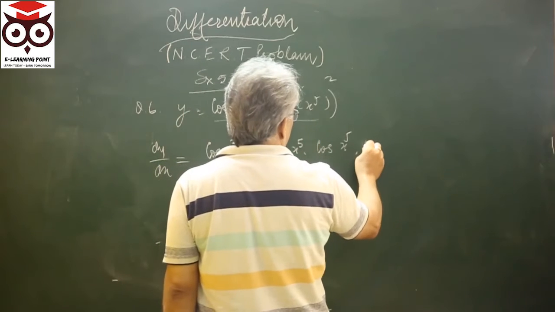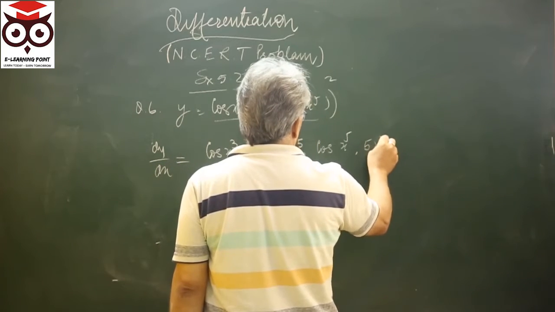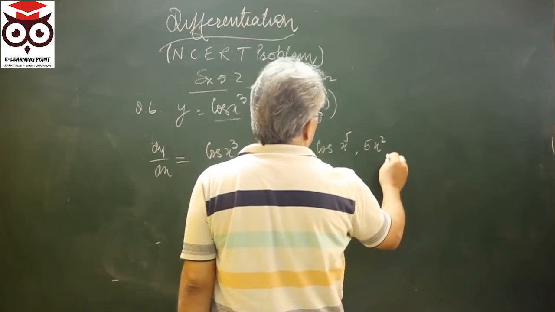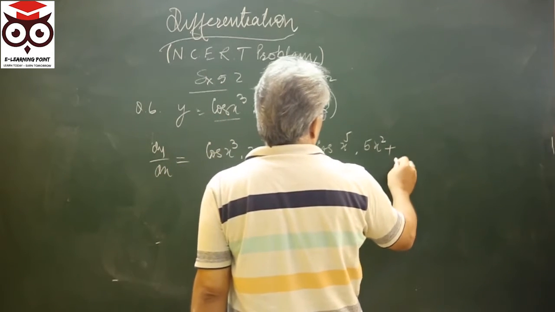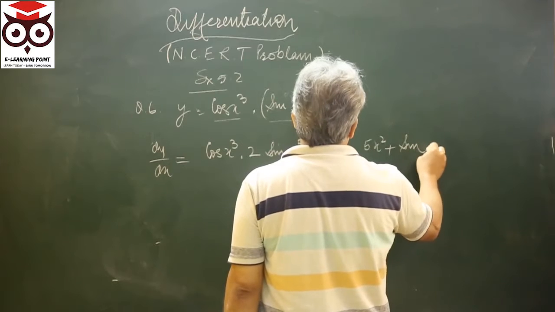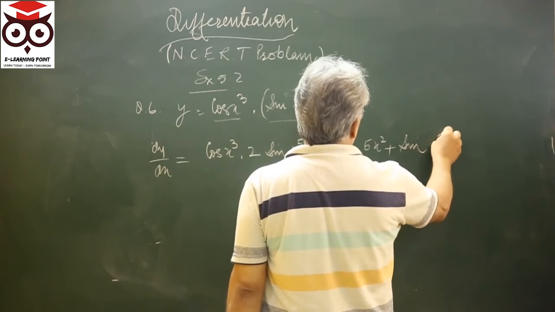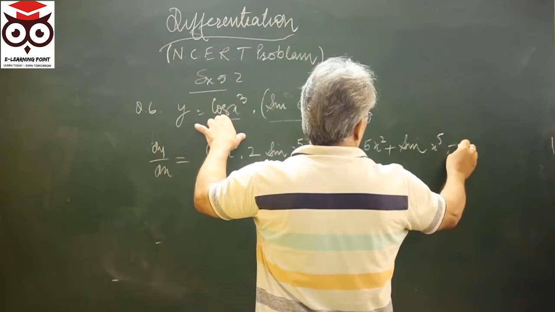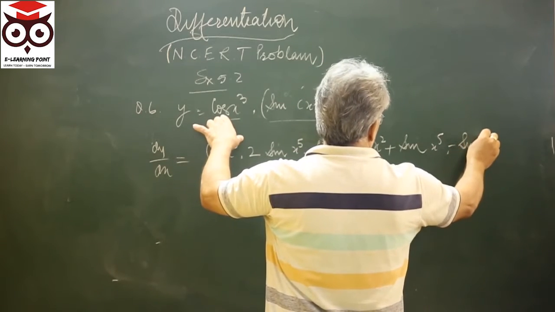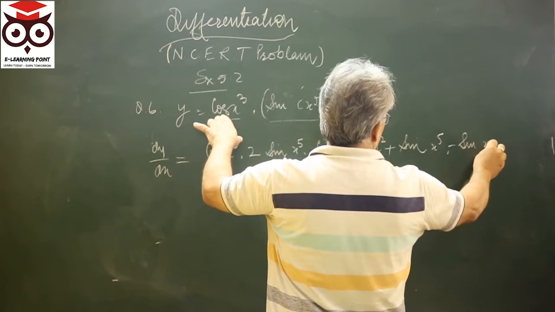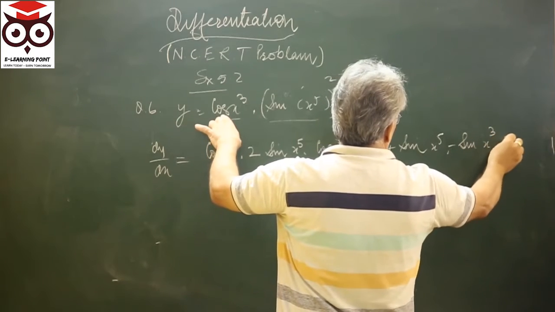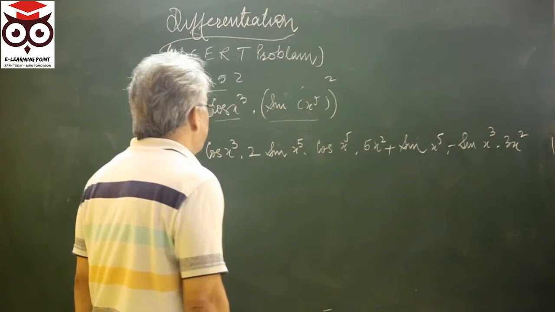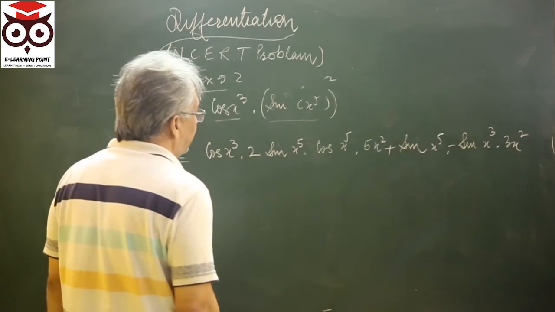Now you will do it 5x square, okay? फिर plus you can write down sin x to the power 5 as it is. अब आप cos का करोगे तो क्या आएगा, माइनस sin x to the power 3, फिर x to the power 3 का करोगे तो आएगा 3x square, right?